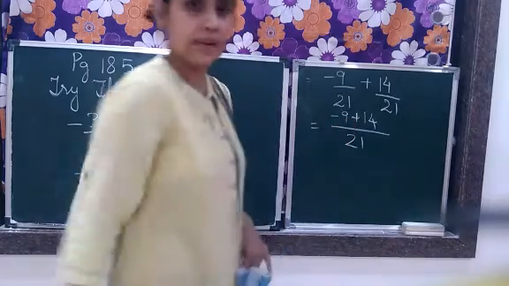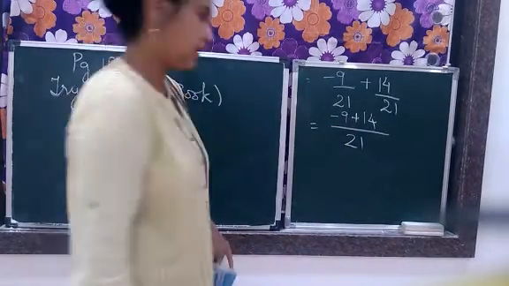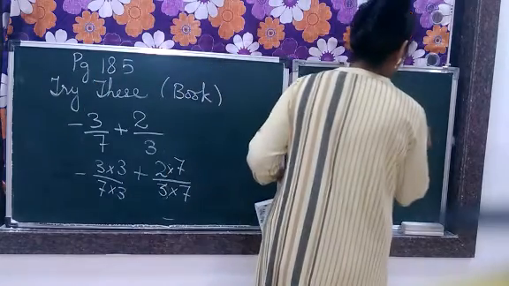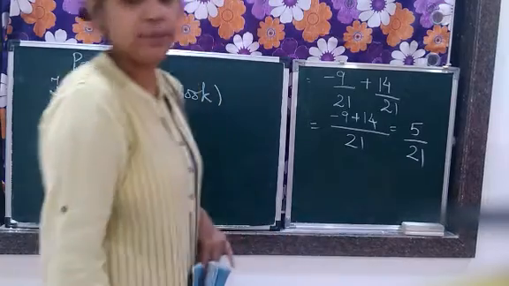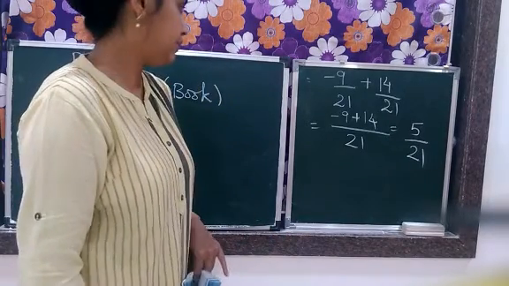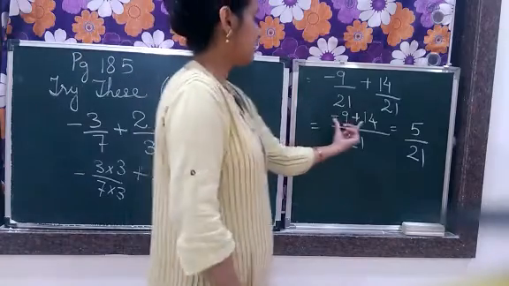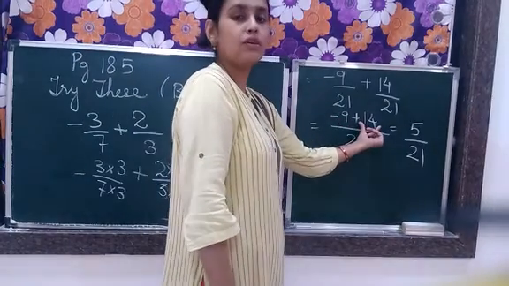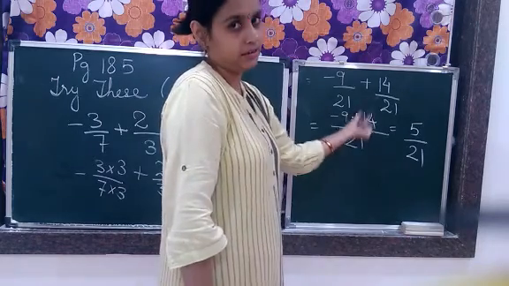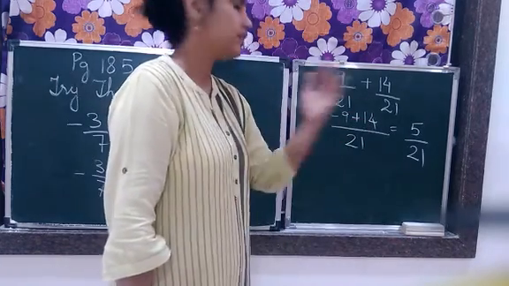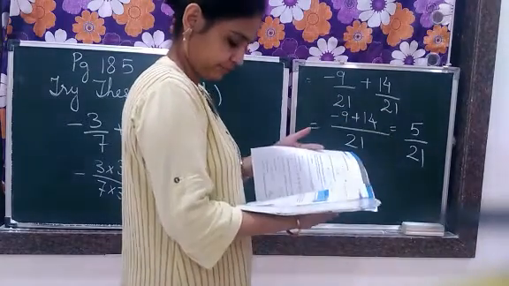Minus plus is minus. So we are going to subtract 9 and 14. 14 minus 9 will give us 5 by 21. Okay, now 5 will be positive or negative? Positive. Why? Because in the question, who is greater? 14 is greater. What is the sign here? Plus is the sign here. So 14 is positive. That's why the answer is positive. So this completes the first one.